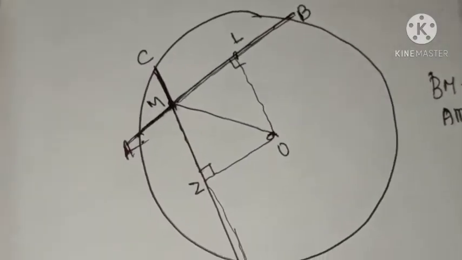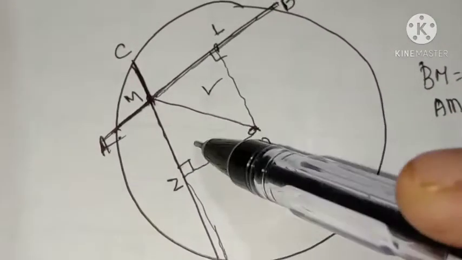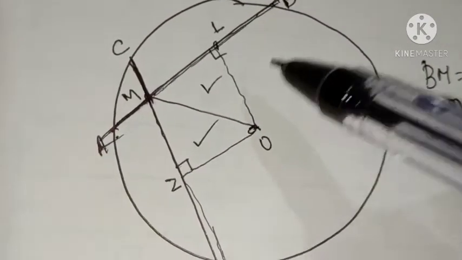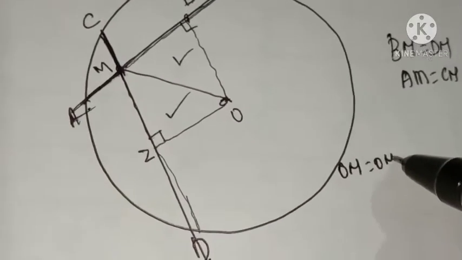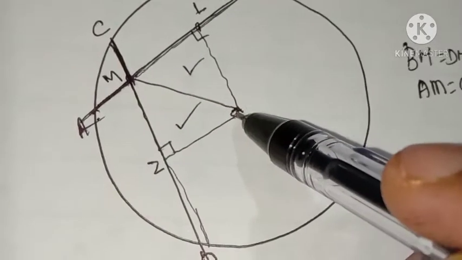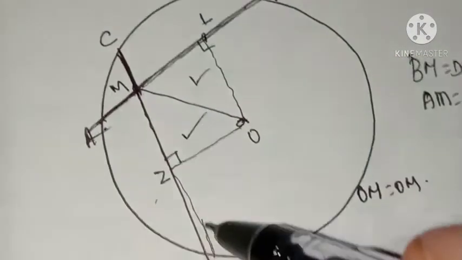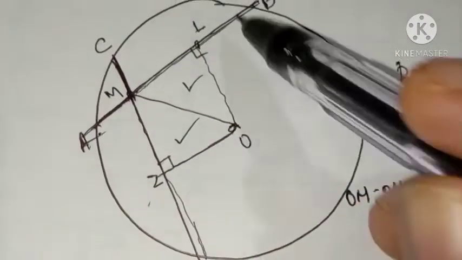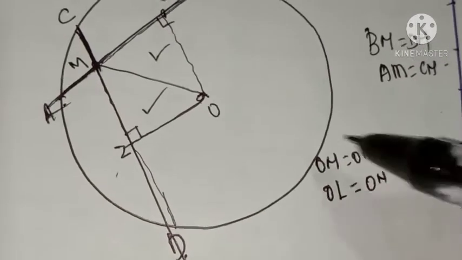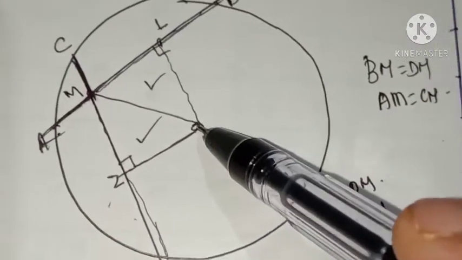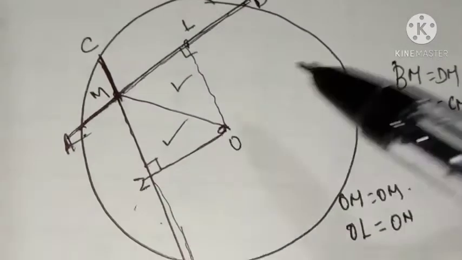Consider these two small triangles, and here OM is the common side, OM is equal to OM. Now AB and CD are equal chords, therefore ON and OL are equal. The reason: if chords are equal, then the perpendiculars from the center are equal.